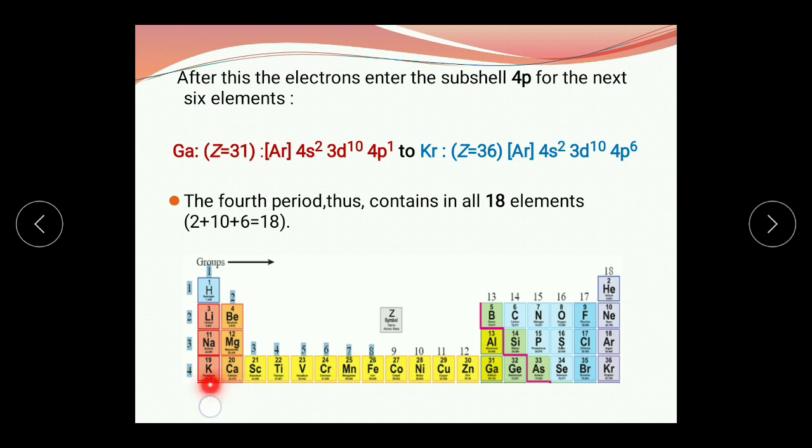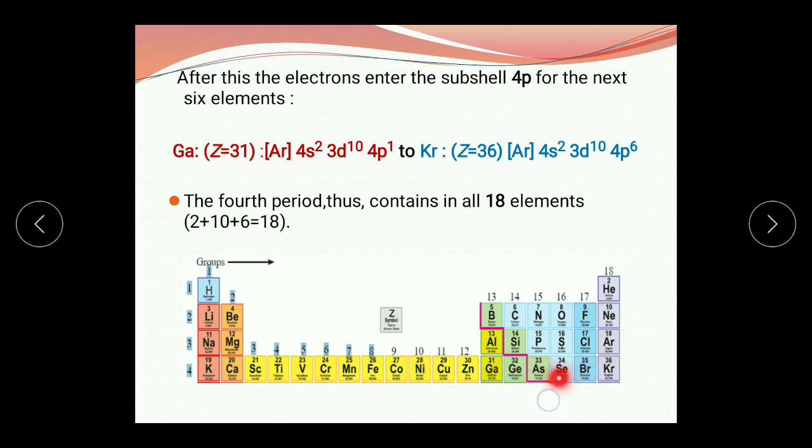Here these two, potassium and calcium, the electrons will go to the s orbital because they are placed in the s block. From Sc 21 to zinc 30, these 10 electrons will go one by one into the 3d subshell, and 3d has a capacity to accommodate 10 electrons, and there are 10 columns and the 10 electrons will be accommodated in the 3d subshell, and these elements hence are placed in the d block.